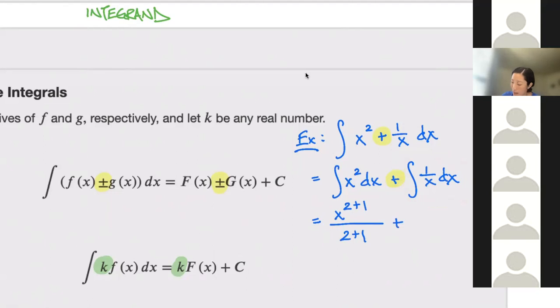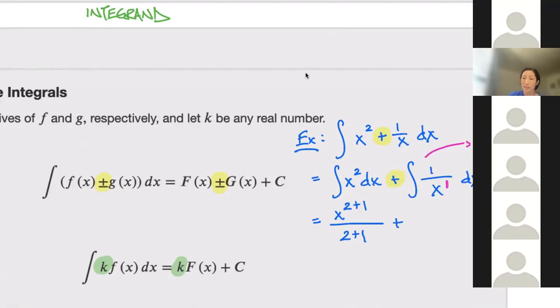Also, what is the power for the x here? Maybe let me write that a little bit bigger, give myself some space. 1 over x dx. What is the power for the x? Yeah, this power is 1, but if I were to rewrite it because it's in the denominator, this is really saying the integral of x to the -1 dx.